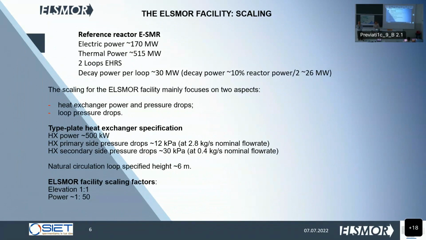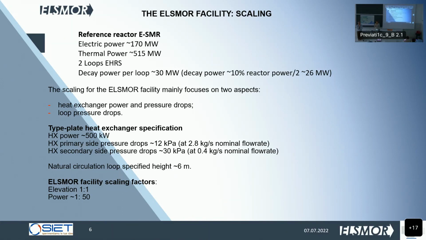And this is not feasible, at least for us. Maybe there are some labs that have such power, but I don't think so, because we are one of the laboratories with the most installed power in the world. So this is the reason why we absolutely need to scale down the power.